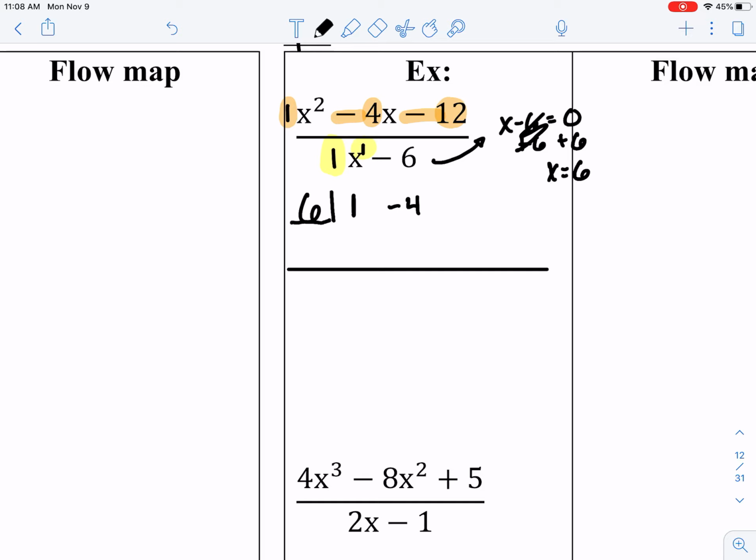My degree of 0, or my constant, is -12. If you do not have, or say if this -4 was missing, just like with long division, you would have to write your terms so it goes in descending order, decreasing 1 degree value at a time until you get to your constant.